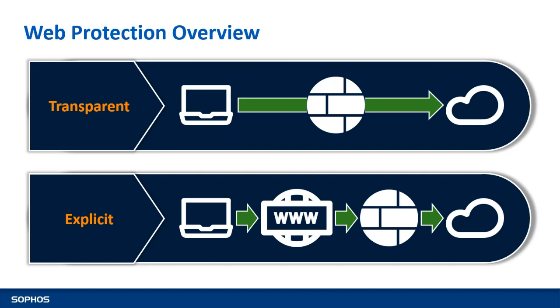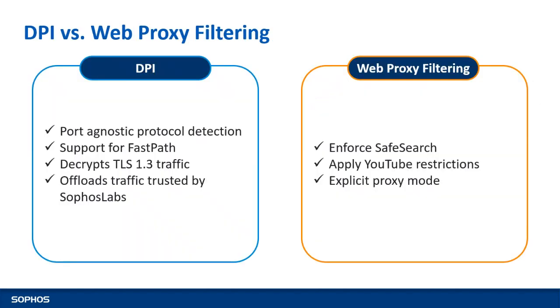The web filtering on a firewall can be done either transparently, intercepting traffic as it passes, or as an explicit proxy, where clients are configured to use the firewall as their web proxy.